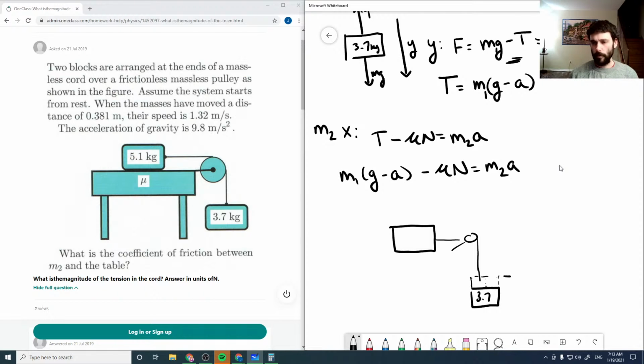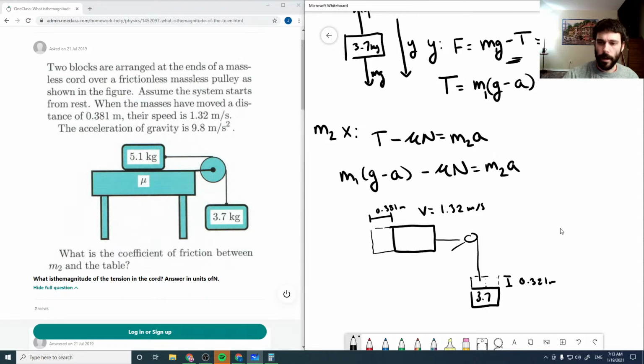And so once we've moved a distance of 0.381 meters, our speed is given as 1.32 meters per second.